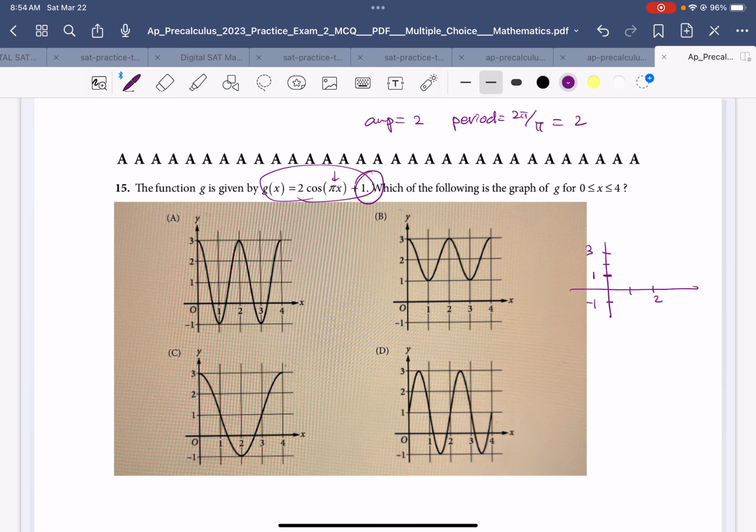And this is a positive cosine, so you start from the top and end here and then here. You can make it 5 points, and then your cosine graph looks like this. That's one period I graphed here. So most likely A is the right answer for that graph.